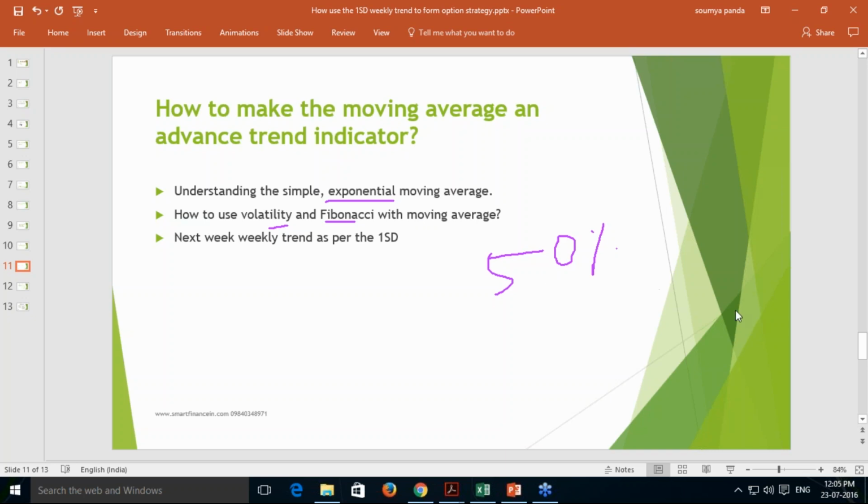It gives very half-baked information for our trading. So these are the demerits of this particular method.